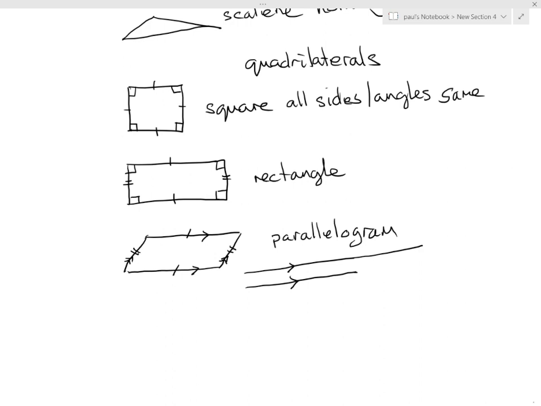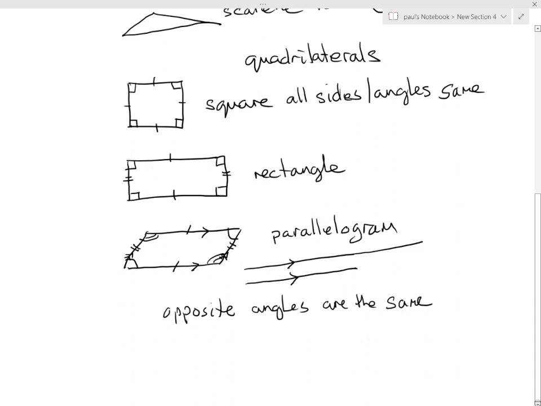And the thing about this is that these two angles are the same, and these two angles are the same. So we've got opposite angles are the same as each other.